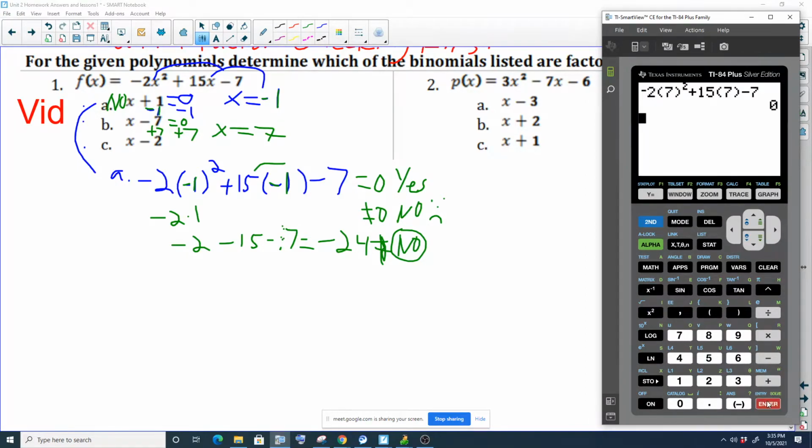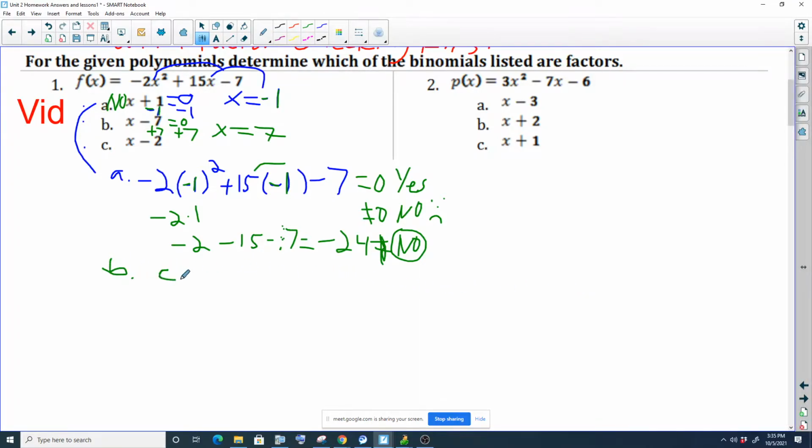Let's see what we get. Yay, we got 0. Using the calculator, we get 0 and say, yes, it's a factor. So part B, the answer is yes.